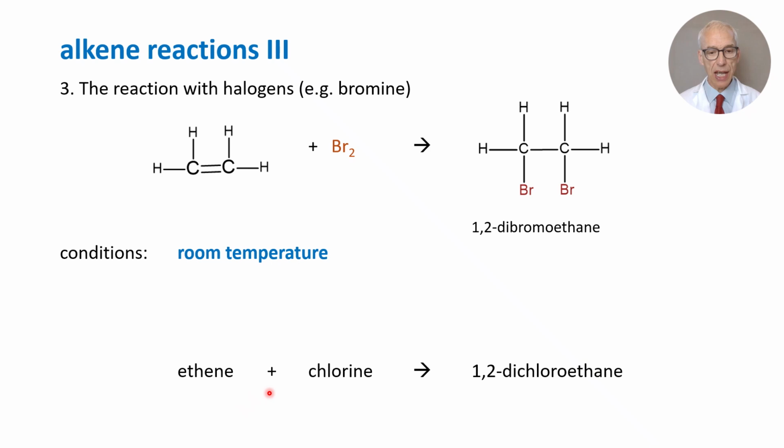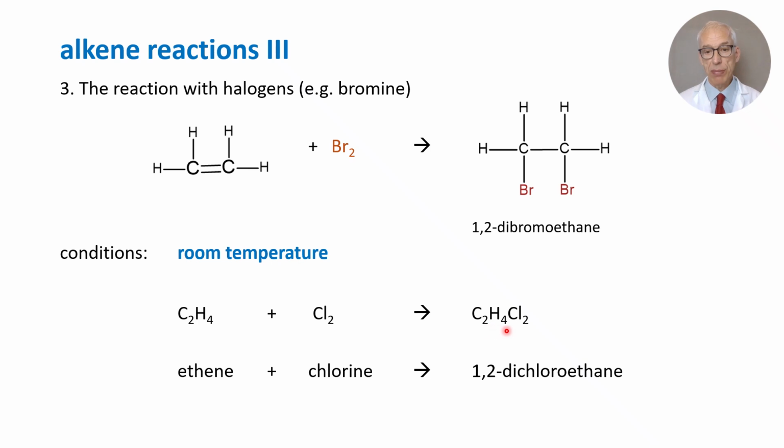So ethene and chlorine, another halogen, so not bromine but chlorine, would form 1,2-dichloroethane. Can you write the balanced chemical equation? Stop, come back when you're done. Okay, ethene, C2H4 and Cl2 for chlorine.